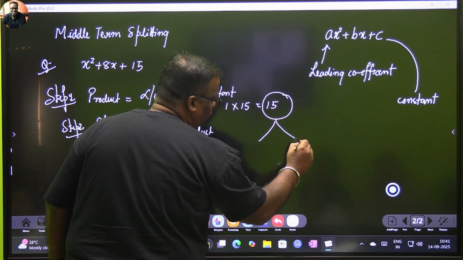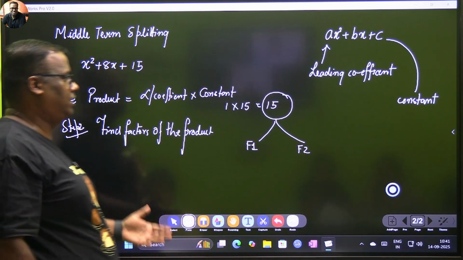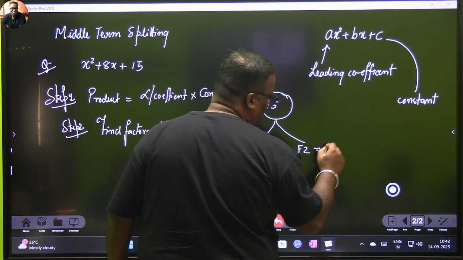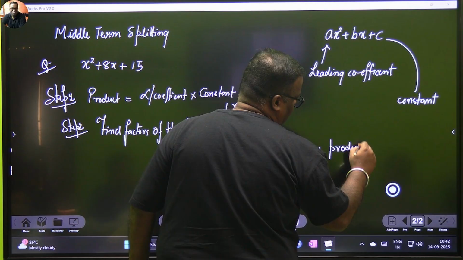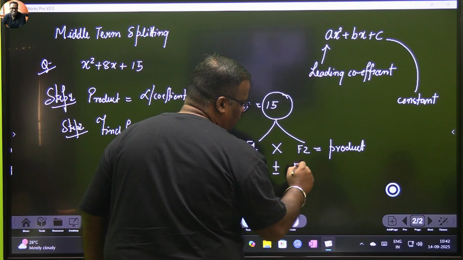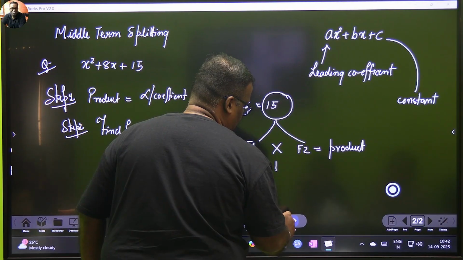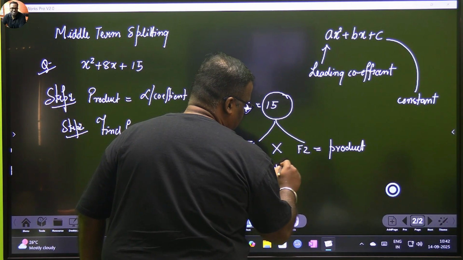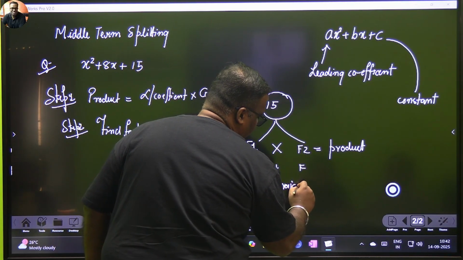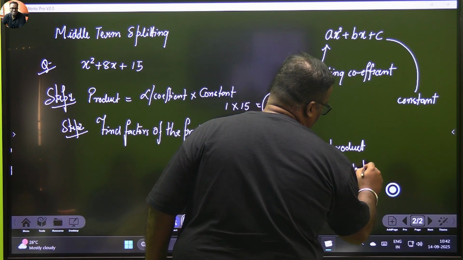From this product, you have to find factors F1 and F2 such that, obviously, if they are factors, F1 multiplied by F2 should give me the product, and F1 plus F2 should give you what is known as the middle term. When I say plus, this is algebraic addition.